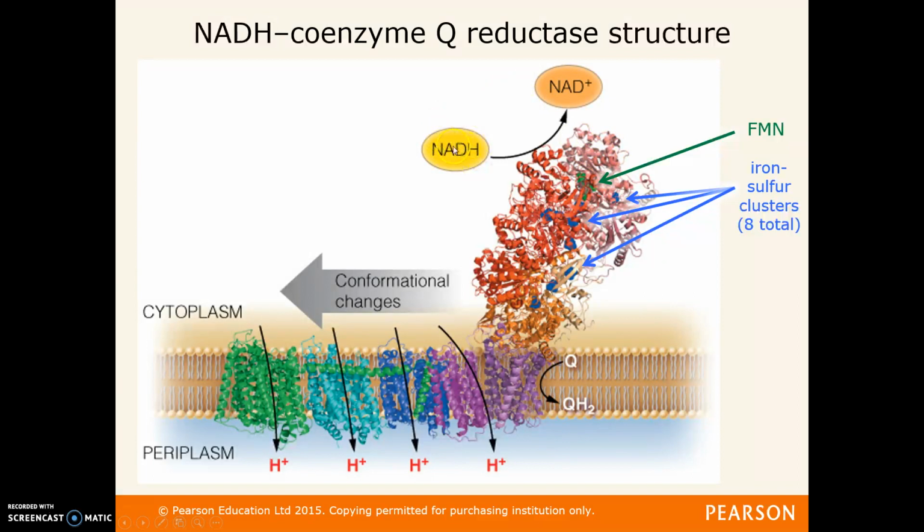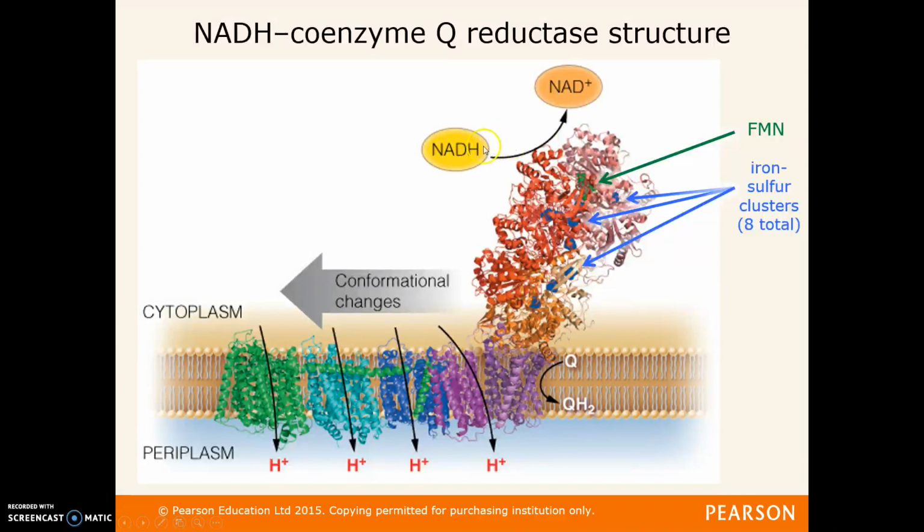These electrons get dumped from NADH onto FMN. This is analogous to FAD. Remember, we had that conversation. This is all happening on that flavin ring structure, and it can pick up electrons one at a time and dump them off one at a time.